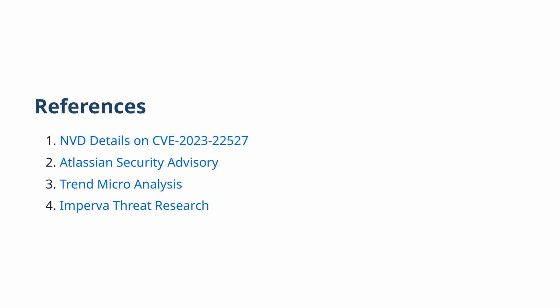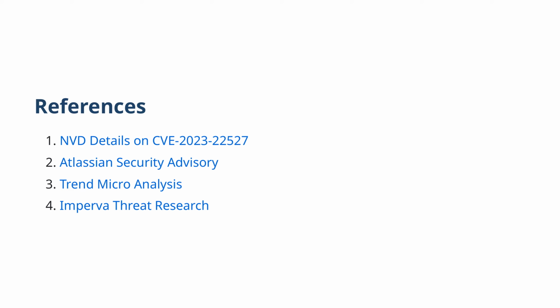Now let's take a look at the references section. To deepen our understanding of CVE-2023-22527 and the importance of addressing such vulnerabilities, I've compiled a list of essential resources. 1. The NVD, or National Vulnerability Database, provides detailed information on CVE-2023-22527. It's a great starting point for technical specifics and impact assessment. 2.